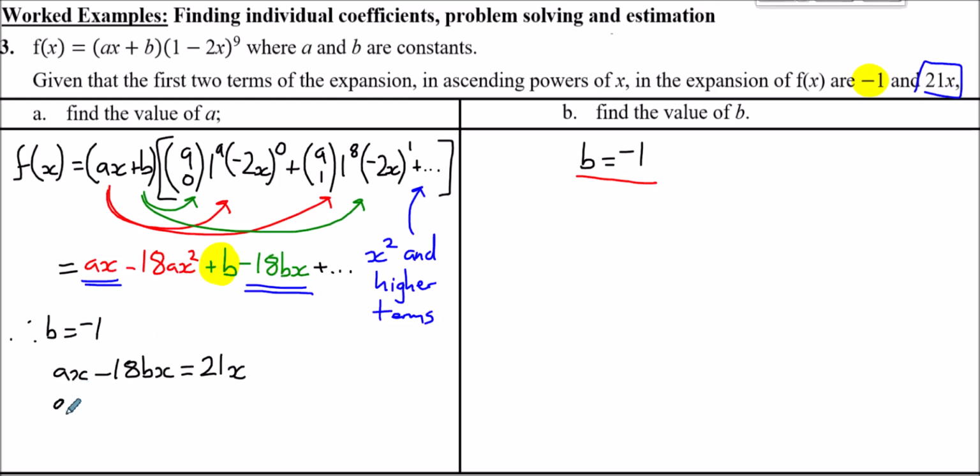And so ax is just ax, but because b is -1, this is -18 multiplied by -1 multiplied by x, which is the same as positive 18x, just subbing in b as -1.